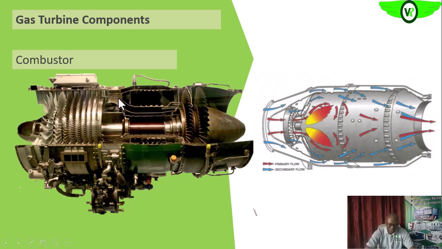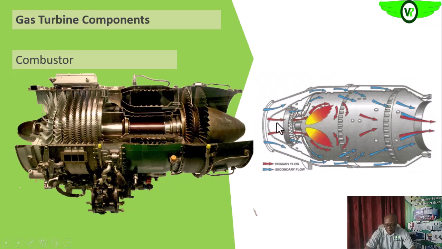Okay, so you see that the primary air will come in through here, the secondary air will come in through all of this perforation. The others within the jacket will help to cool the combustor. Then the combustion products will now be sent to the turbine section, as you can see here.